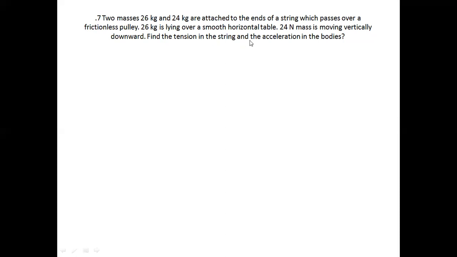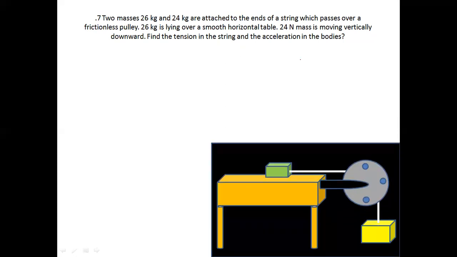Find the tension in the string and acceleration in the body. Now in this case, we are going to find the tension in the string and the acceleration in the body by using this diagram. Now this is M1 over here, and we call it body A. And this is M2 on the top, which is sliding, and let us call this body B.